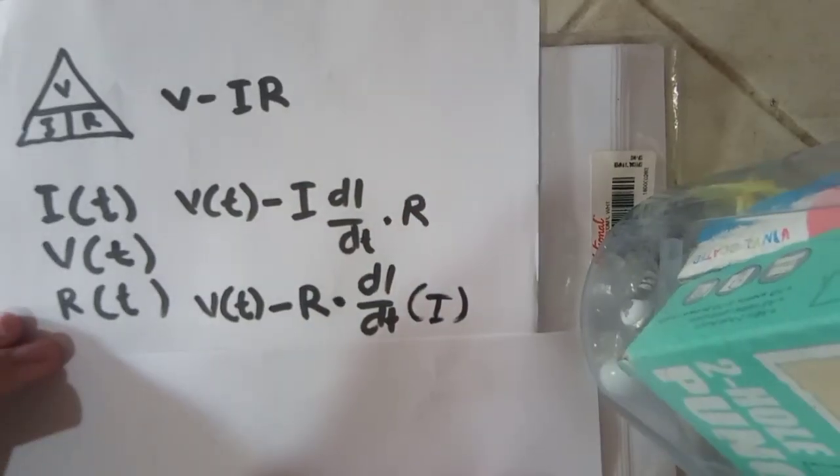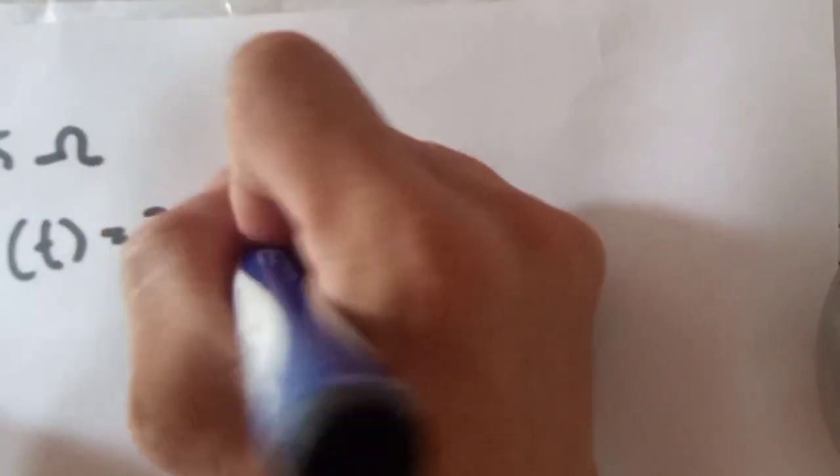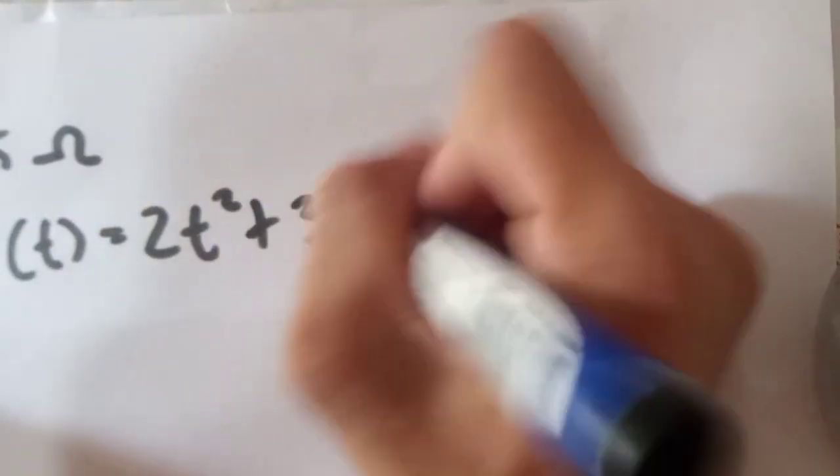Okay, let's take an example. The circuit has a resistance of 5 ohms, and the current flowing through the circuit is described by the function I equals 2t squared plus 3t amperes.